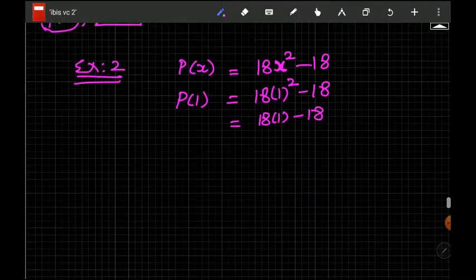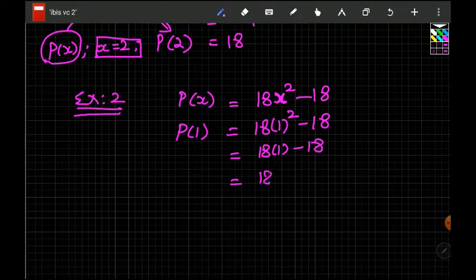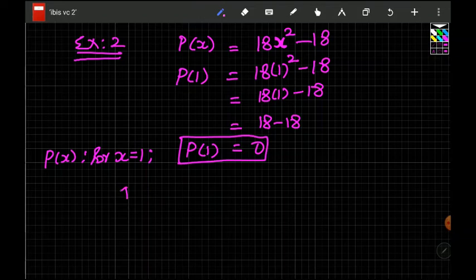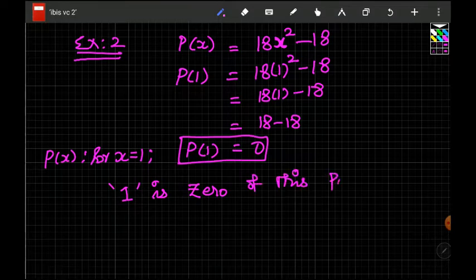So this is 18 minus 18, which is 0. So p of 1 is 0. When you substitute x with 1, we get 0. That is, the value of a polynomial p of x for x equal to 1 is called p of 1, and p of 1 is 0. If the value of a polynomial is 0 for the value 1, then this 1 is called a zero of this polynomial.